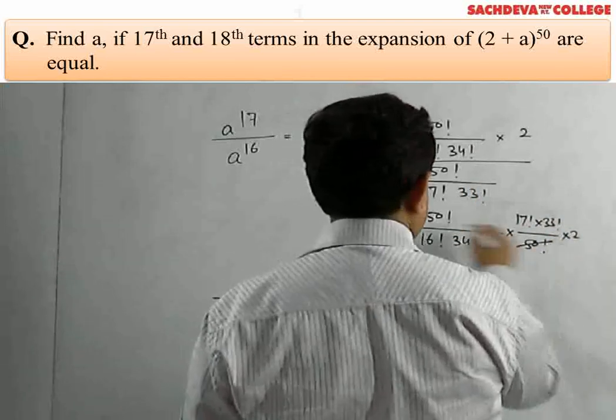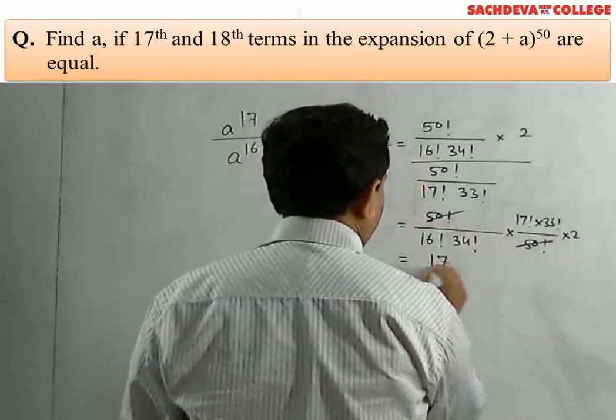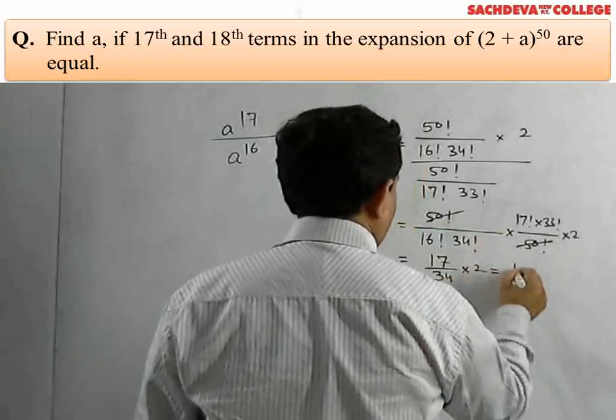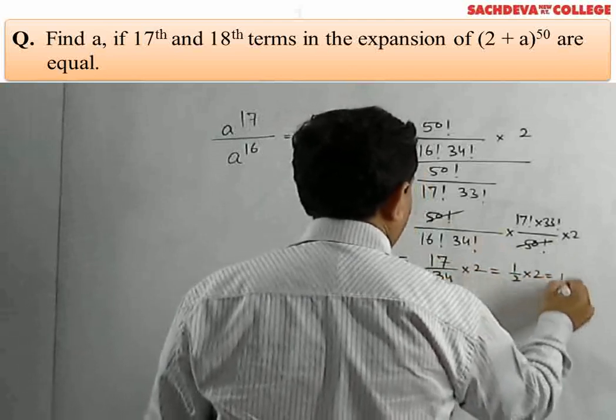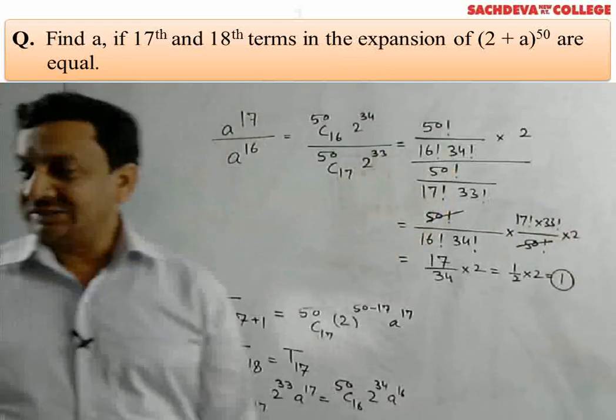So this cancels by this, and we find 17 upon 34 into 2, which is equal to 1 upon 2 into 2, which is equal to 1. It means the result is 1 here. The answer to this problem is 1.